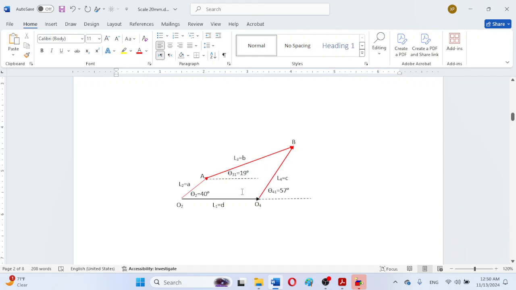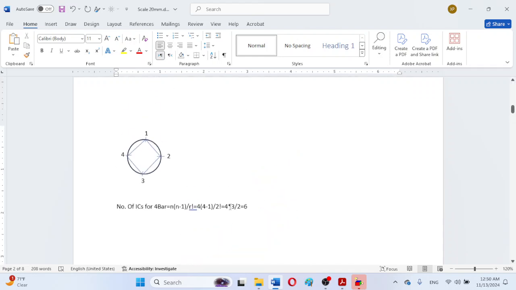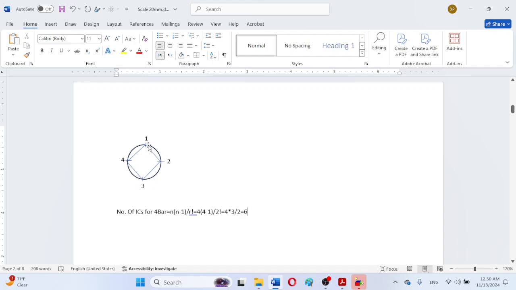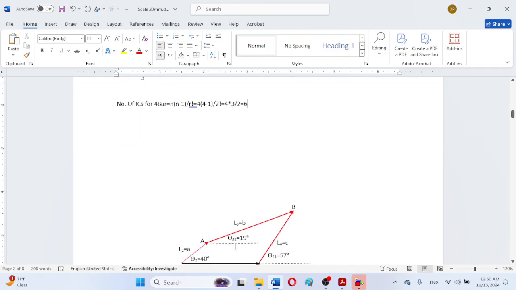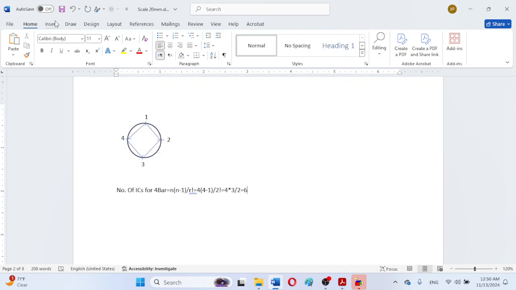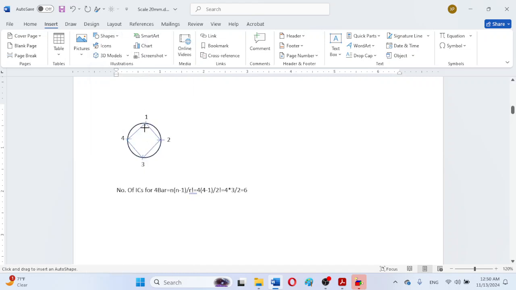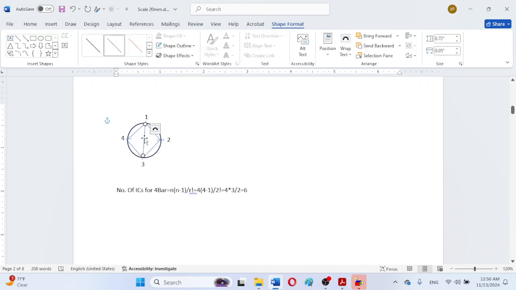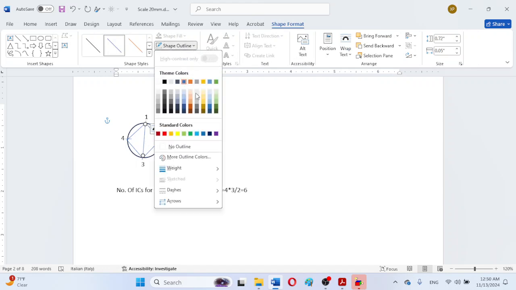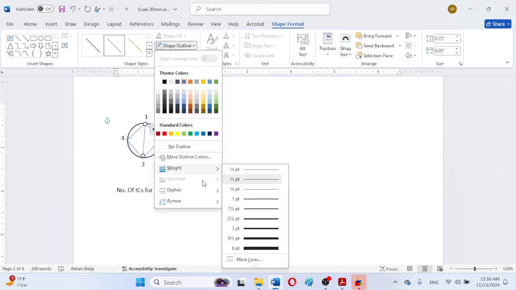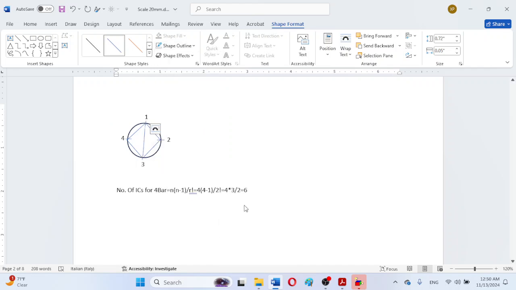So the method is that, with the help of this line graph, we will connect those two links, link numbers 1 and 3, with a simple straight line in this linear graph, just like this. Because they are not physically directly connected, we can make this line a bit dashed like this.